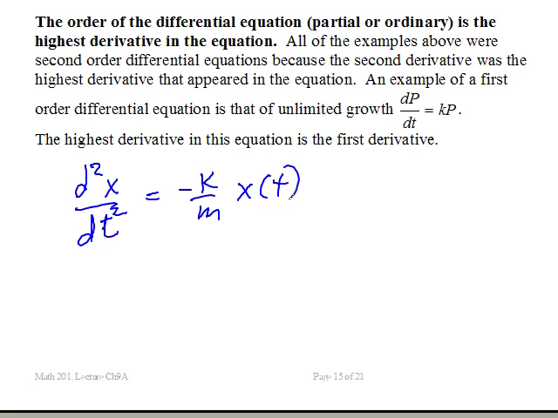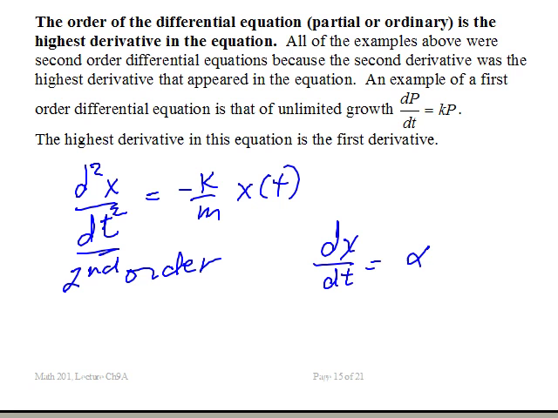Okay, the highest derivative was the second derivative, so it's a second order equation. If you had an equation, say dx by dt equals some alpha x of t, the highest derivative is the first derivative, therefore it's a first order equation. So order depends upon the highest derivative in the equation.